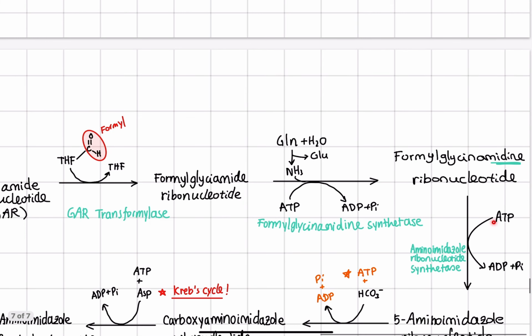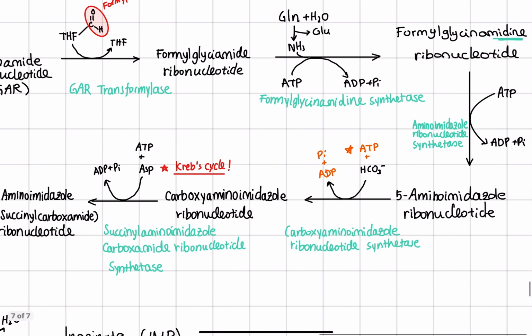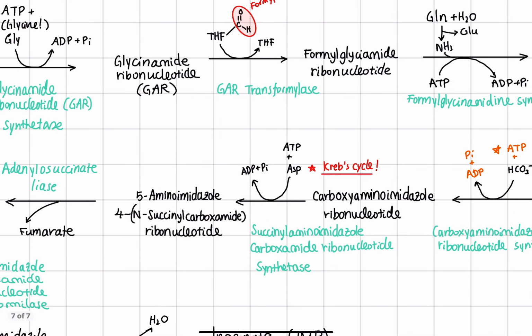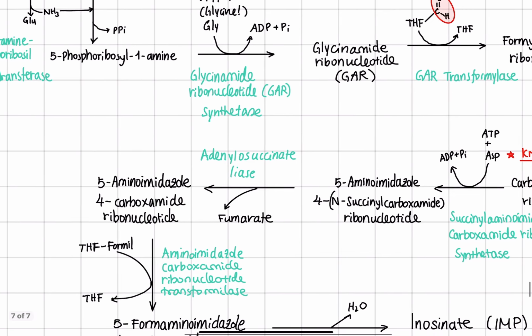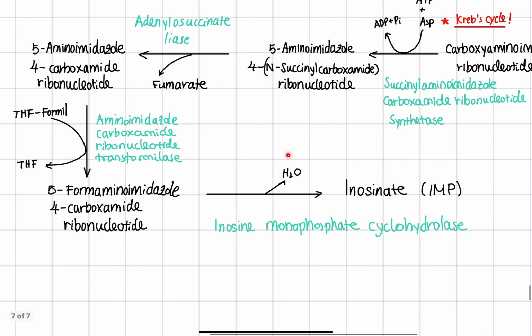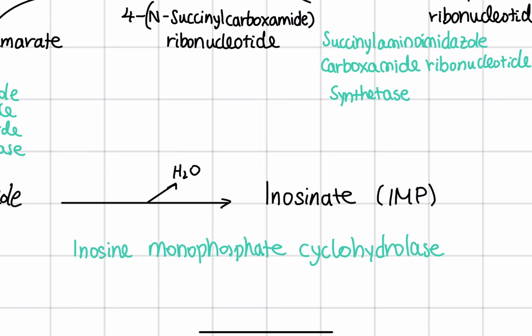You close the first circle, the first ring, and then you add a bicarbonate to start the second ring, aspartate, get rid of the fumarate, transfer a formyl, and close the second ring. And you have inosinate. And you have the purine ring.